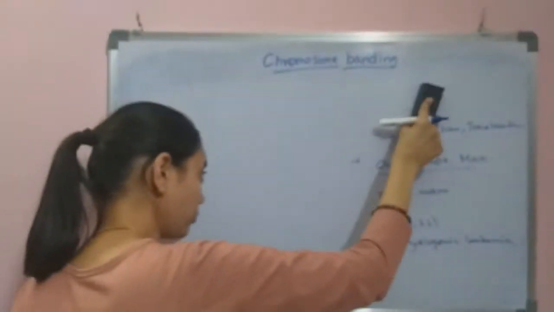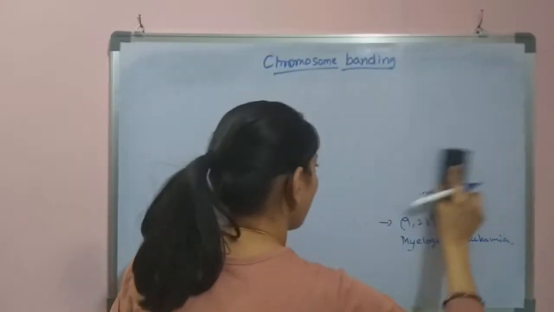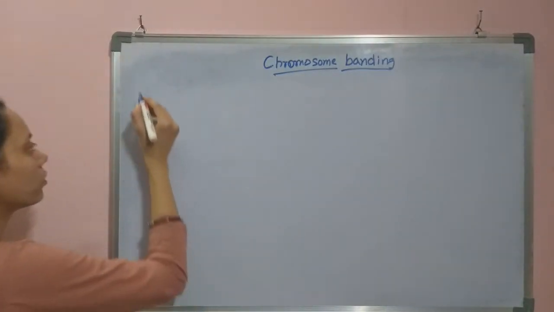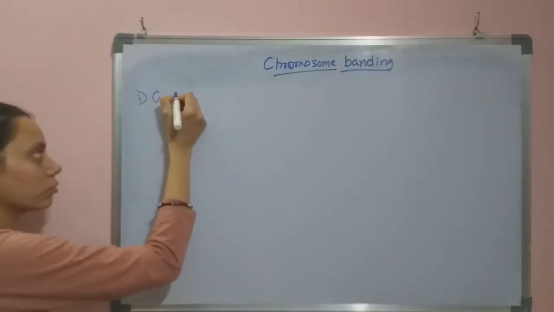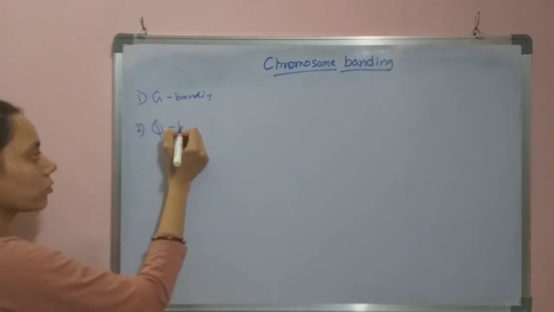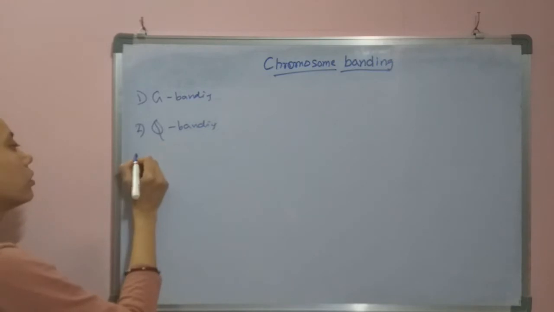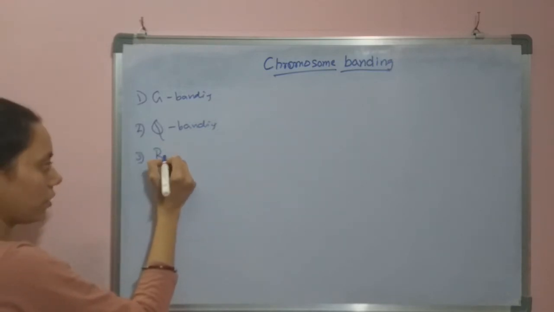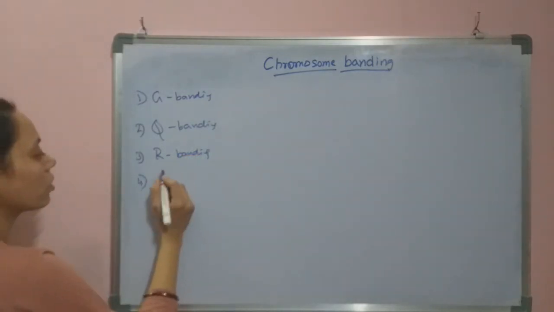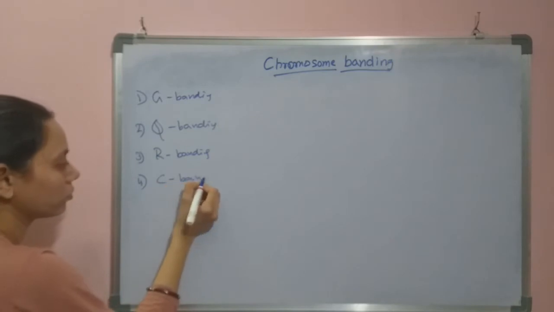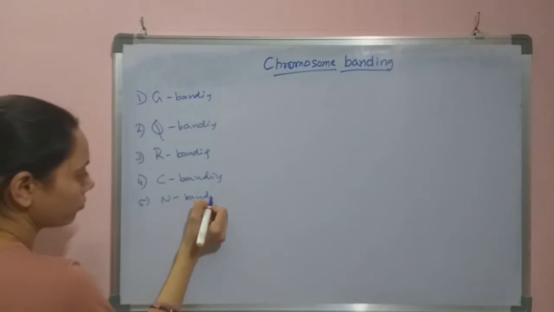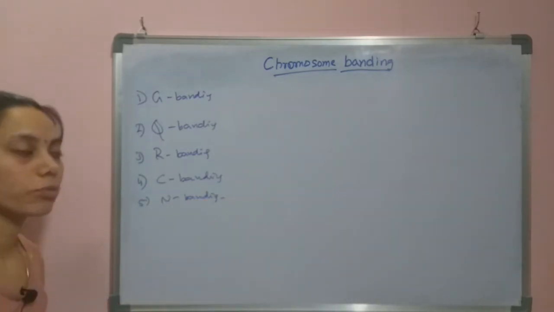At least for our basic understanding, there are popularly G banding, Q banding, R banding, C banding, and N banding. So these are the basic types of chromosome banding techniques.